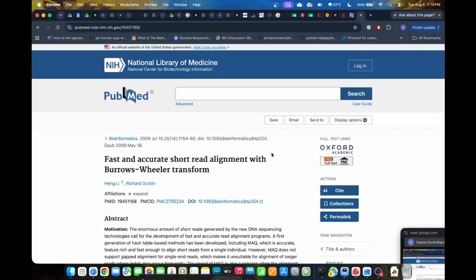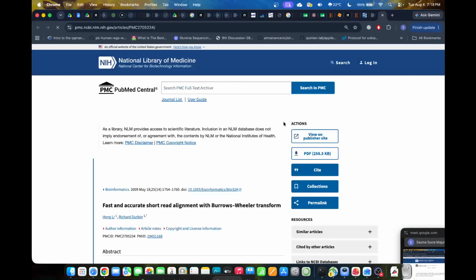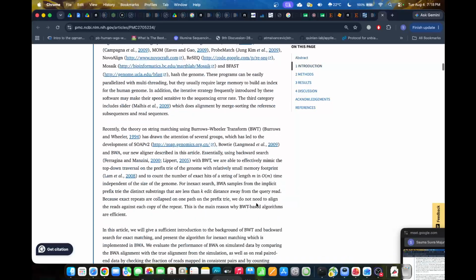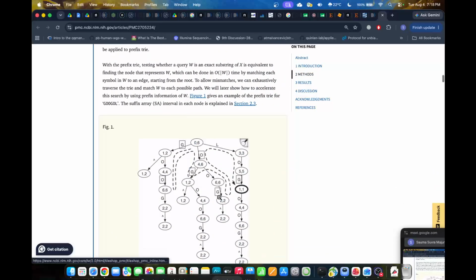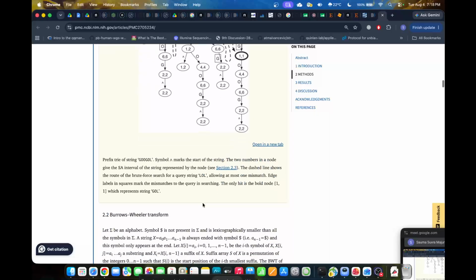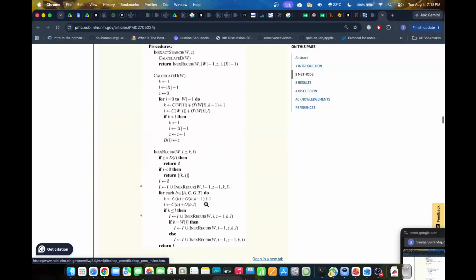So this is an algorithm that uses the Burrows-Wheeler transform to do the alignment. The alignment algorithm is known as BWA, Burrows-Wheeler alignment tool, and it uses this transform to actually do the alignment. This paper talks about the algorithm, how they build the suffix trees, how they do the transformation, and how they actually get the alignment from the transformation.